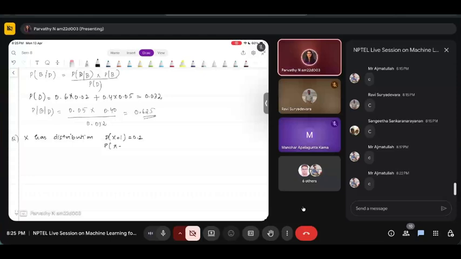P of X is equal to 2 is 0.3. P of X is equal to 3 is 0.3. P of X is equal to 4 is 0.2. Find expectation of X. 2.5, 3.0, 2.7. So this is the distribution. What is the expectation of X?